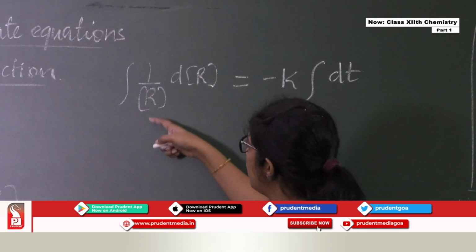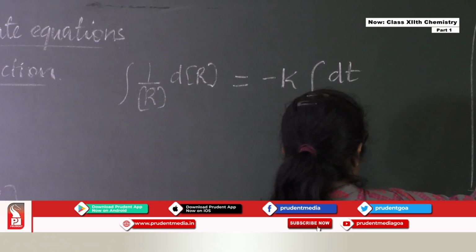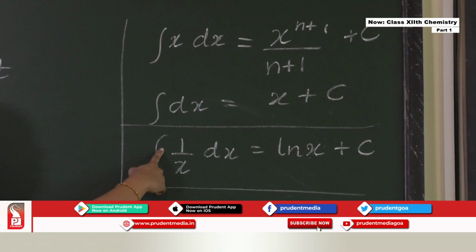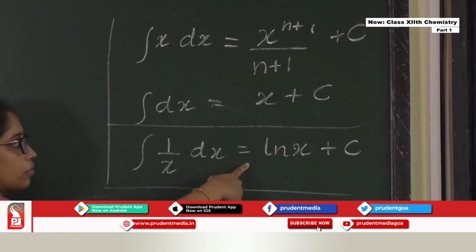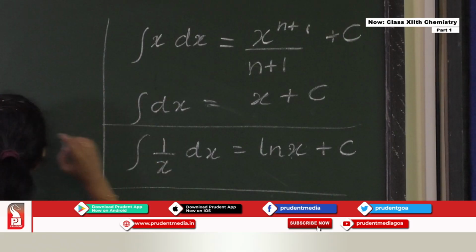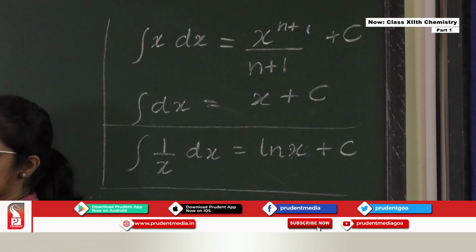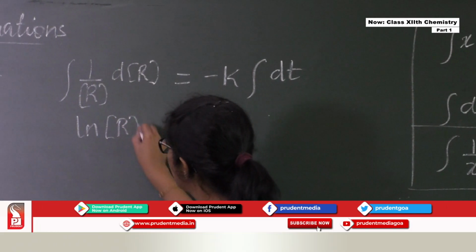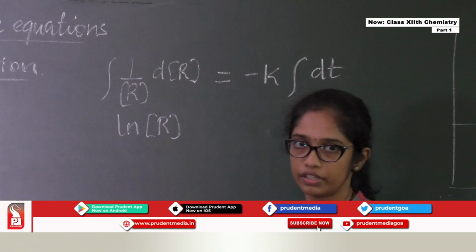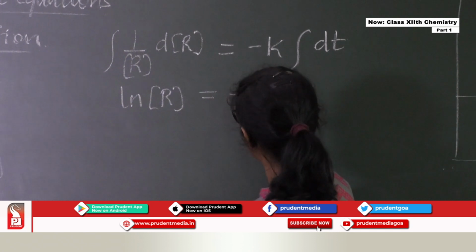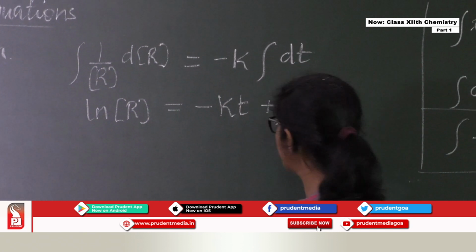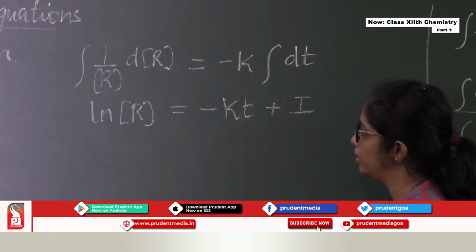So when we integrate this, we have a formula which I had mentioned earlier: integral of 1 upon x dx is equal to ln of x plus c. So the integral of 1 upon R dR will be equal to ln of R plus the constant of integration, which I am going to write later, minus Kt plus I, which is the constant of integration.